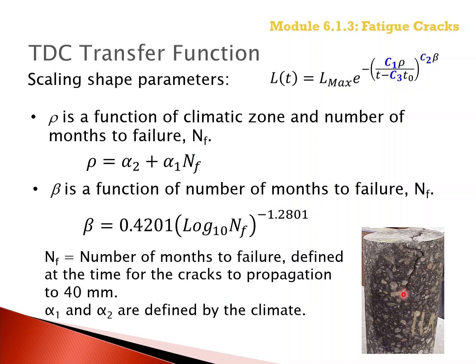The program will continue to propagate that cracking below 1.5 inches. This is just defining the time or number of months to a specific depth. And then the beta is also a function of the number of months to failure.